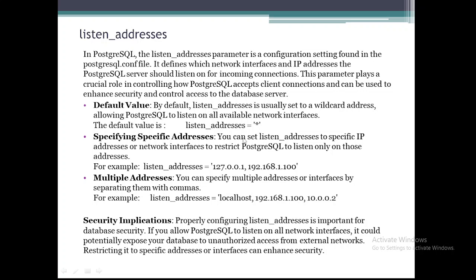But for streaming replication, you need to set that parameter to the IP address of your standby server. Or, if that is not production, you can set that to star as well, which will allow incoming connections from all the IPs.